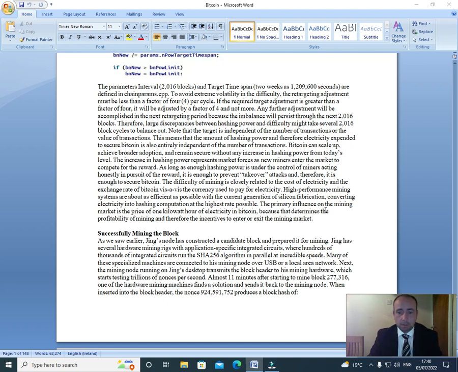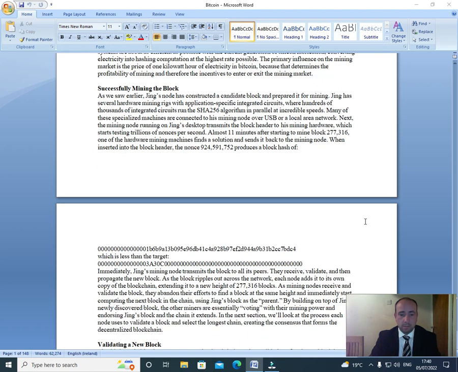The primary influence on the mining market is the price of 1 kilowatt hour of electricity in Bitcoin, because that determines the profitability of mining and therefore the incentives to enter or exit the mining market.